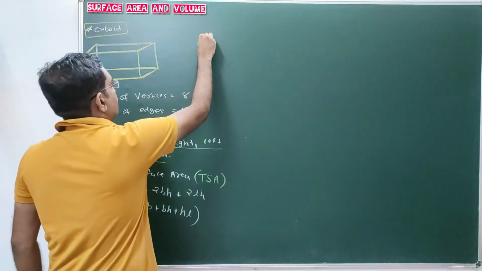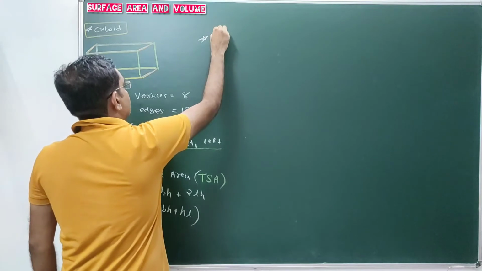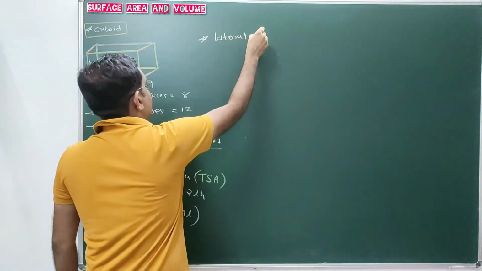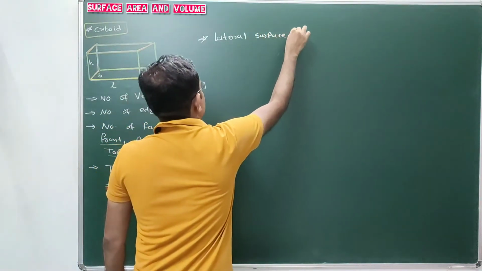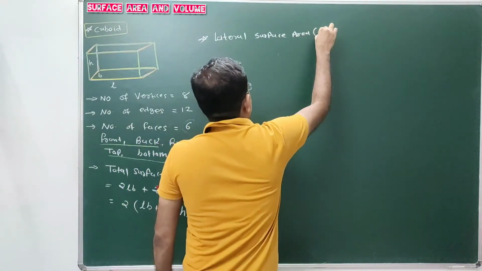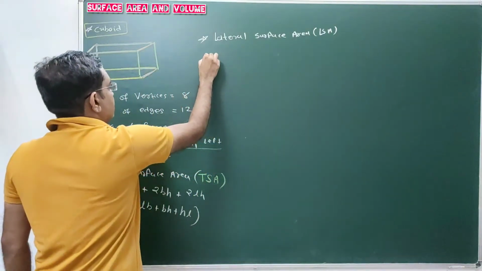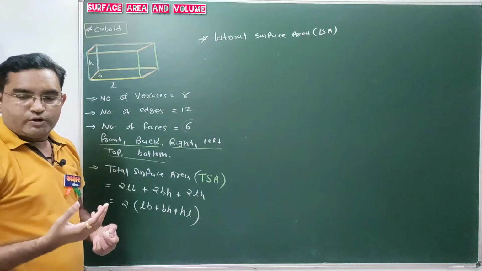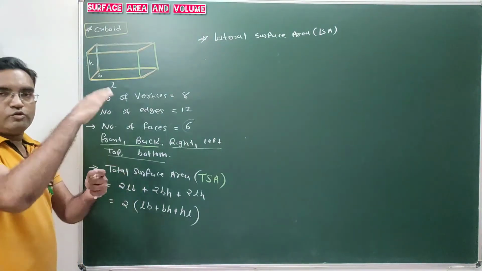Then another formula which is used for the cuboid is lateral surface area, which is represented by LSA. For the lateral surface area of a cuboid, we have to remove its top part.